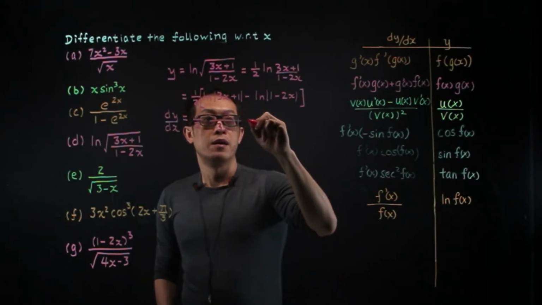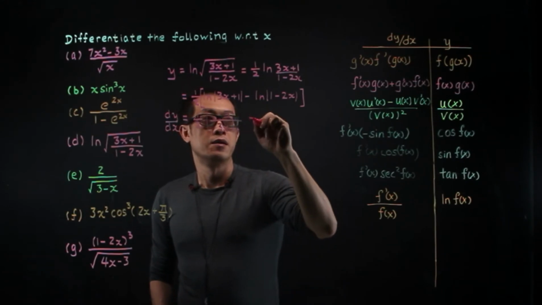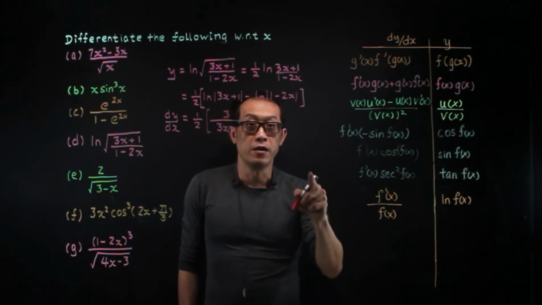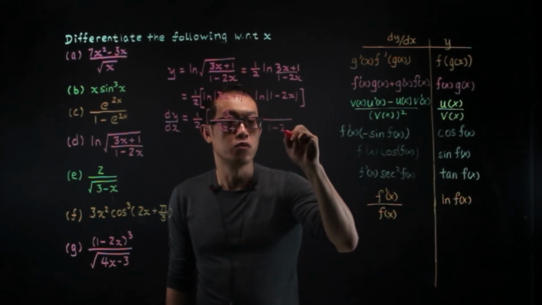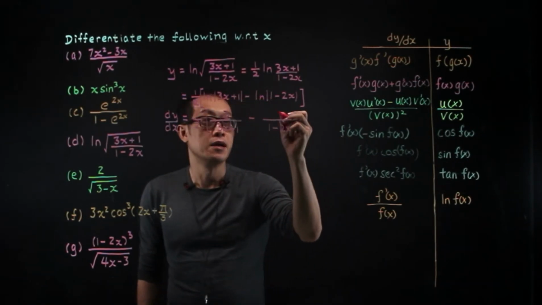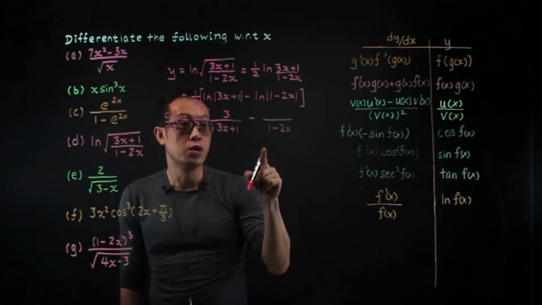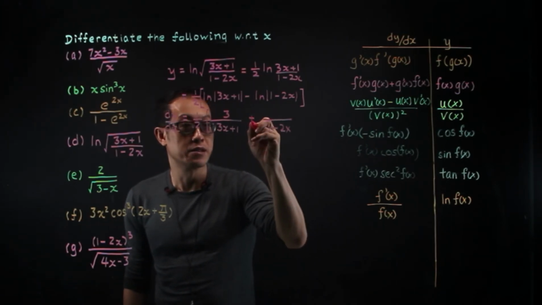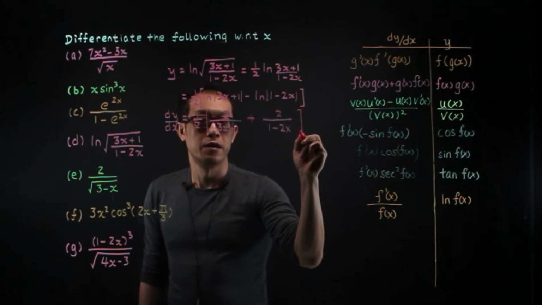Now, there's a bracket here, so minus. Same thing for this, so it will be over 1 minus 2x. Then you differentiate the inside, which is minus 2. Because of this minus, it will become a plus now. Then you have a 2 here.